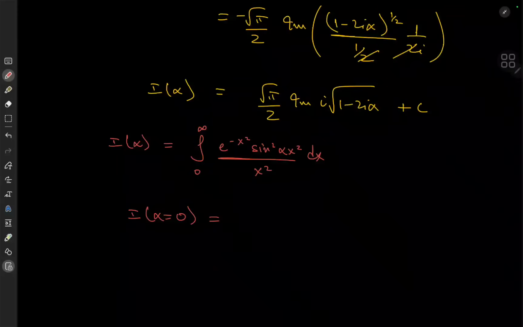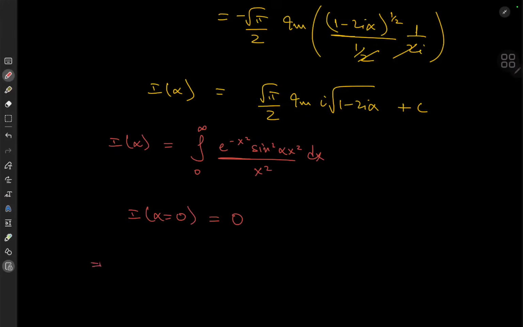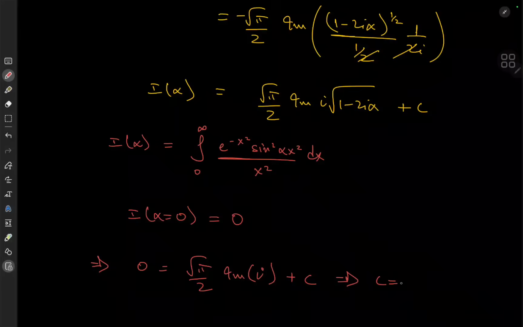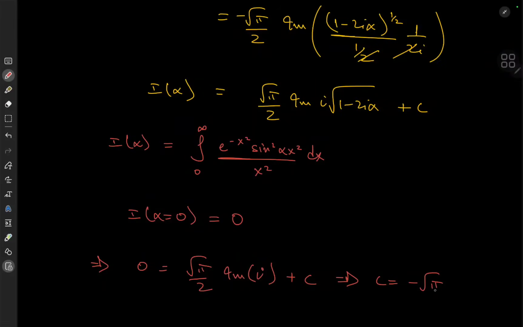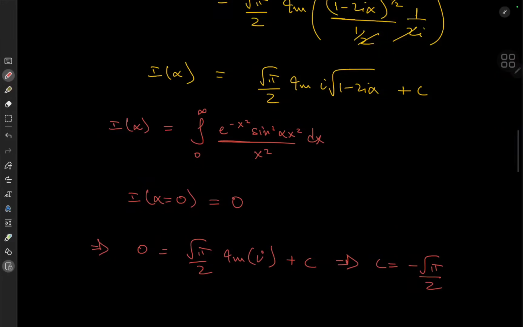Now, of course, if I plug in alpha equal to 0, I have sine of 0 and the integrand collapses to 0. So I of 0 is actually 0, which implies here that 0 would be root pi over 2 times the imaginary part of i times root 1, which is 1 last time I checked, plus the constant of integration. The imaginary part of i is, of course, equal to 1, which implies that C here is just negative root pi over 2.